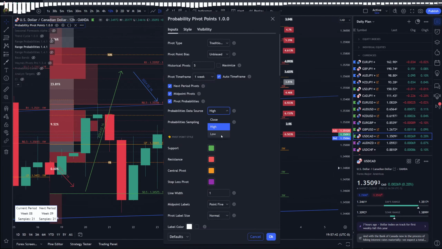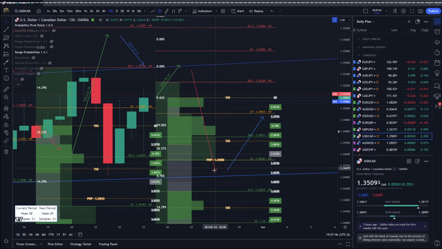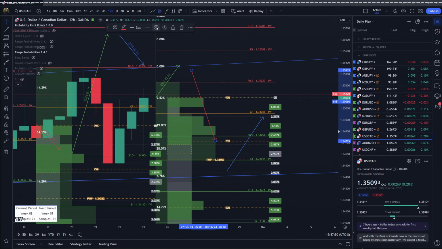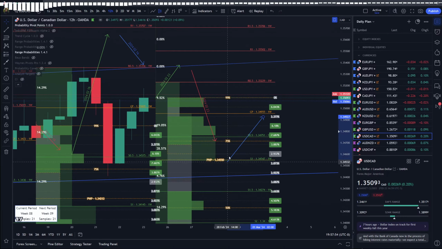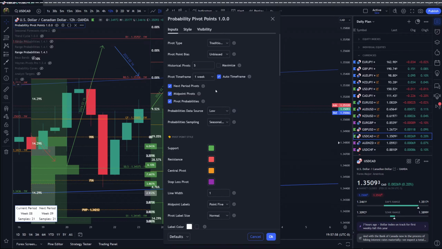Now we can switch these to our lows. So a bit more conservative on the low side. Maybe Canadian dollar has one of the lower bits of volatility, one of the least bits of movement.